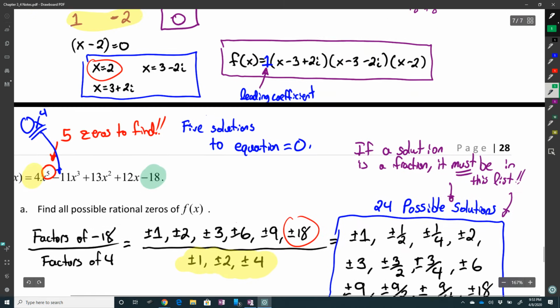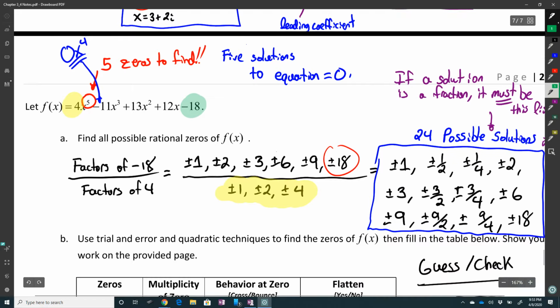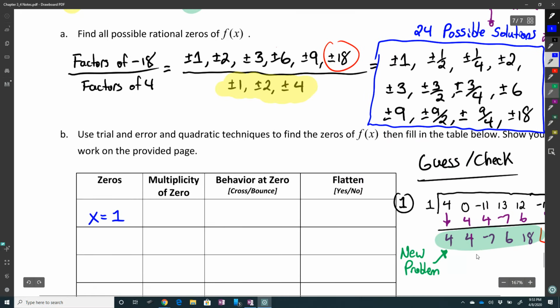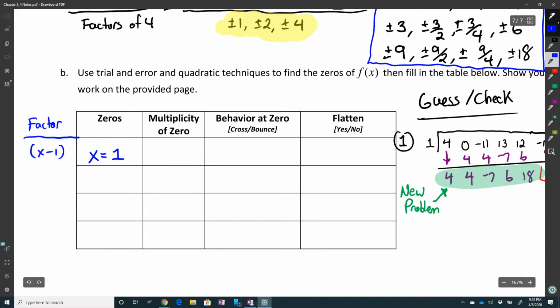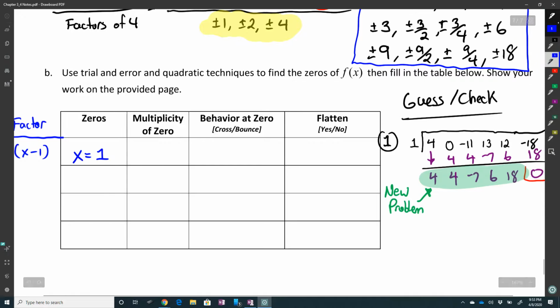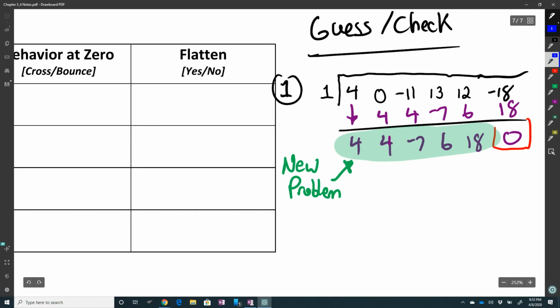We went from a degree 5, and what we did is we factored out the x minus 1. Remember, if x equals 1 is a 0, as a factor, you have x minus 1. So what we did is we factored the x minus 1 out, and what's left is this.